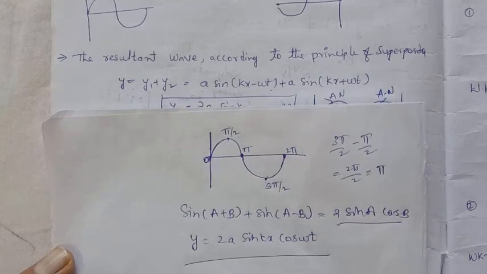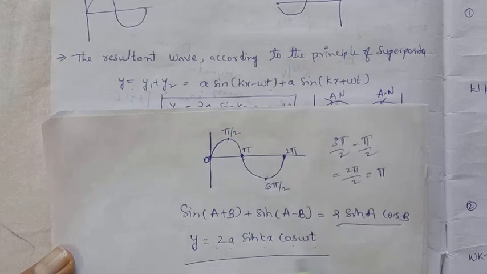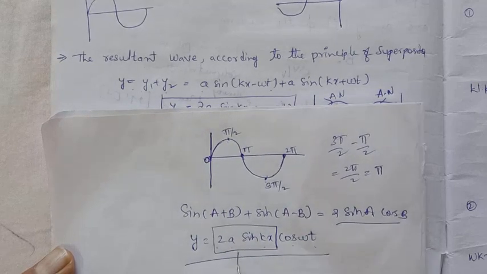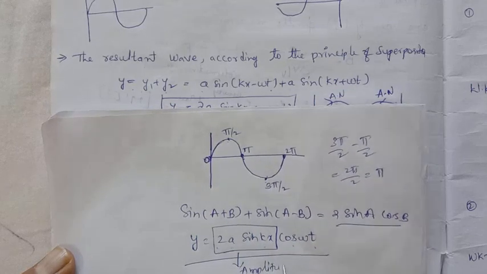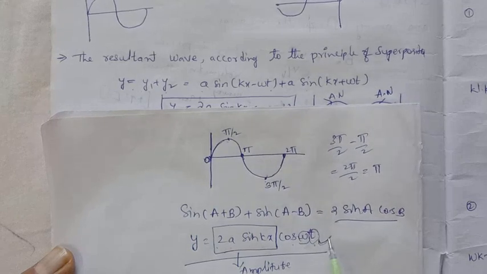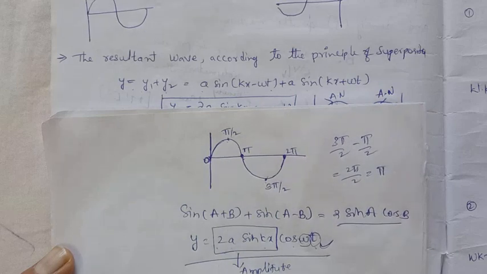In 2a sin kx cos omega t, the term 2a sin kx indicates the amplitude. Why? Because omega and time are represented with the phase, but here the amplitude does not depend upon the phase.